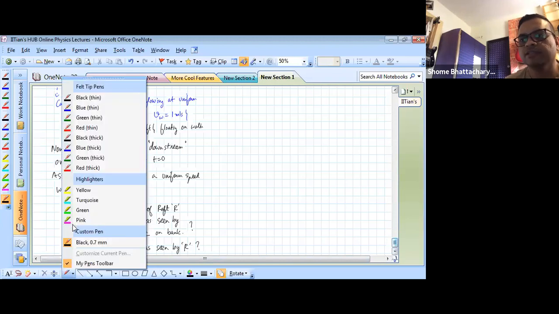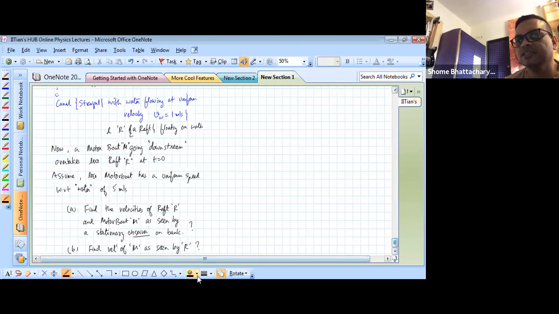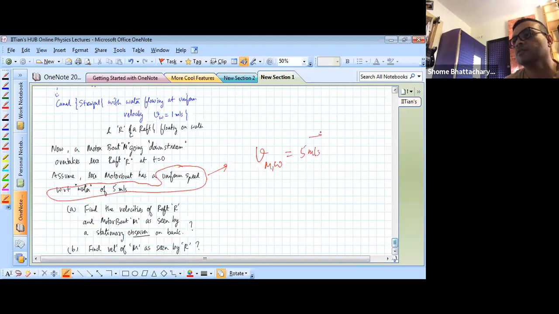So there's no acceleration involved. But the thing you have to understand is, the data given, this one, this is basically what it is, uniform speed with respect to water. You get this. So this is velocity of the motorboat with respect to the water, equal to 5 meters per second downstream.